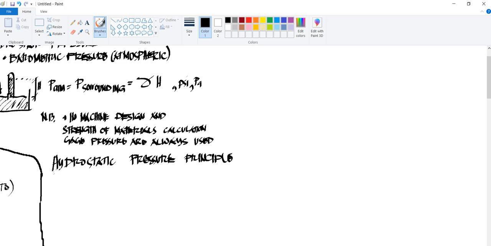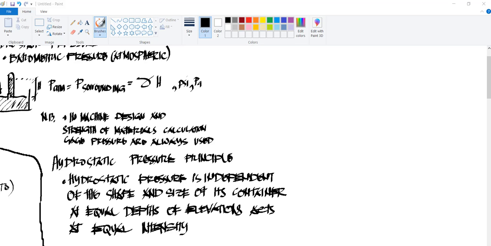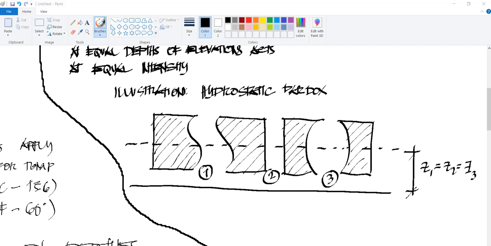So take note of this one: hydrostatic pressure is independent of the shape and size of its container. So at equal depths or elevation, it acts at equal intensity. So here is the illustration from earlier.